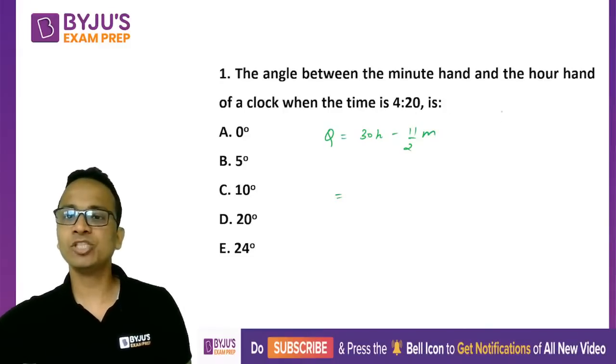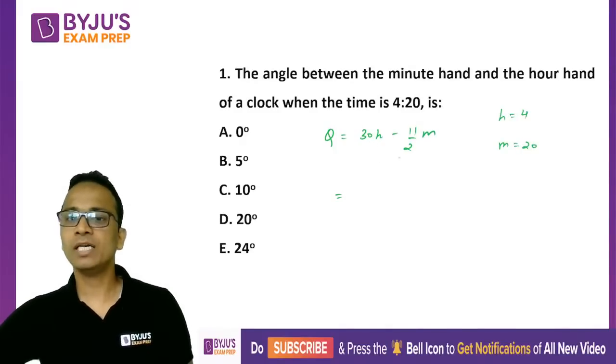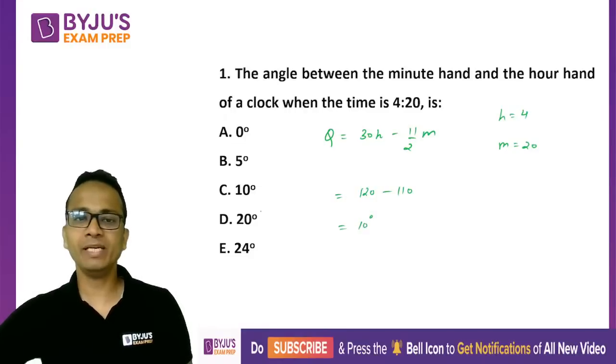Now the value of h here will be 4 and the value of m will be 20. So 30 into 4, that is 120, minus 11 by 2 into 20, that is 110. The answer for this question will be 10 degrees.